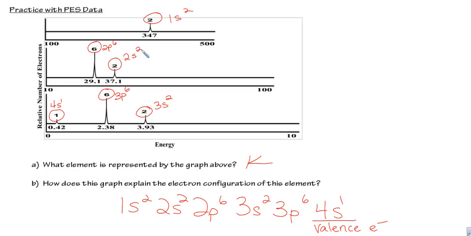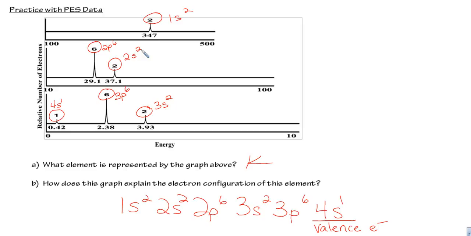Notice between s and p electrons in the same energy level, it always takes more energy to remove the s electrons than it does the p electrons. Now, s electrons are more stable. They're in more stable orbitals. So it always requires more energy to remove those stable s electrons.